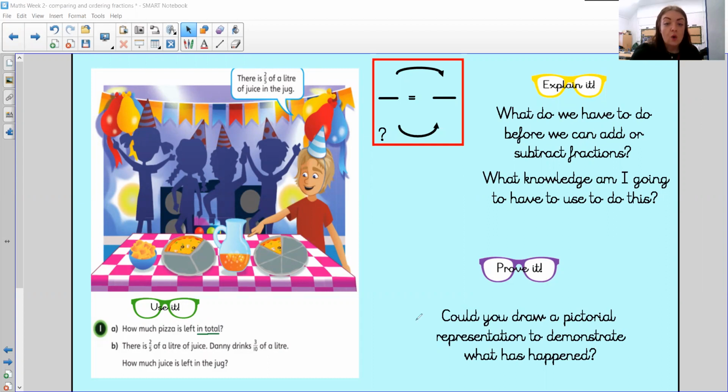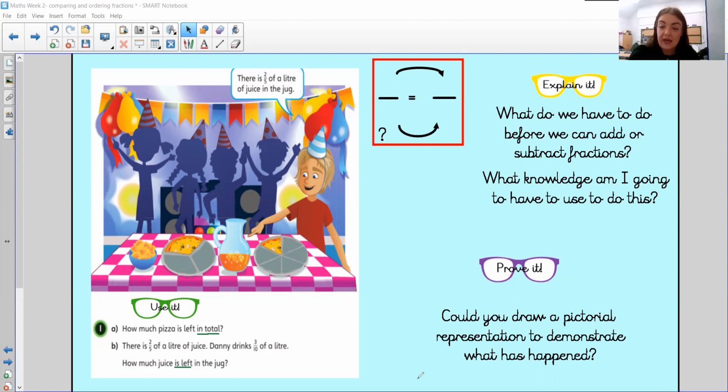Okay, so there are some questions that you might want to ask yourself as you're answering that question. Once you've had a go at that, there is question B, which is there are 2/5 of a litre of juice. Danny drank 3/10 of a litre. How much juice is left in the jug? So there is my keyword for that question, so I'm just going to underline it for you there. What are you going to have to do there?